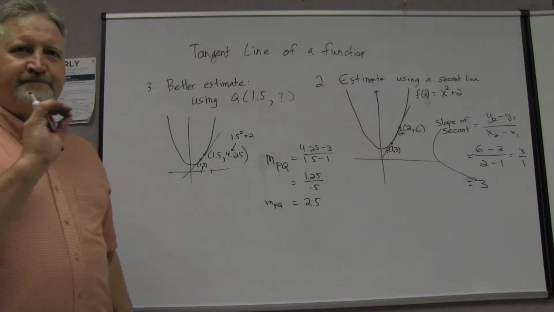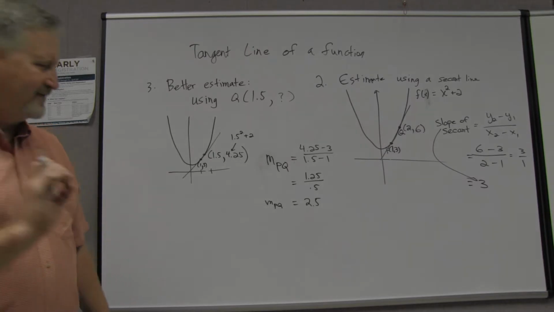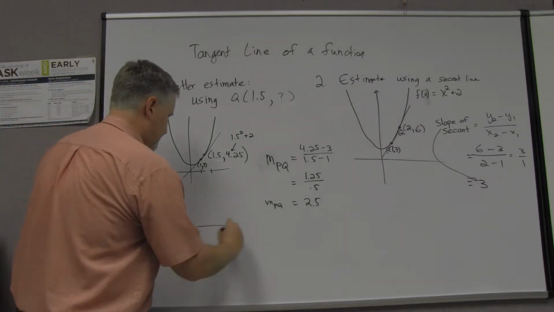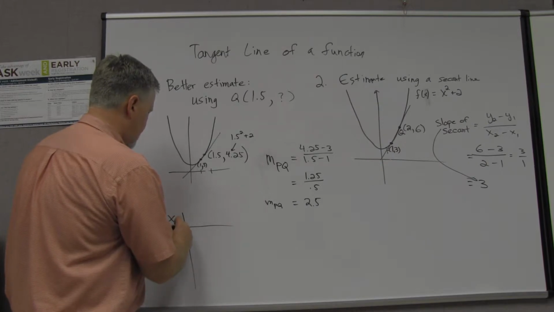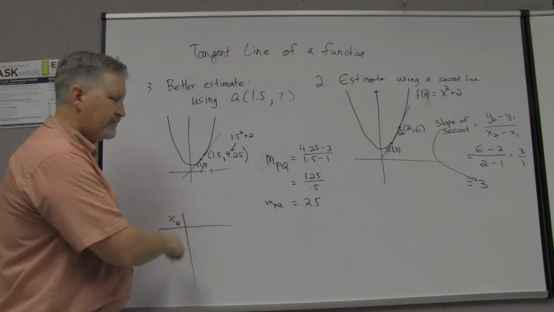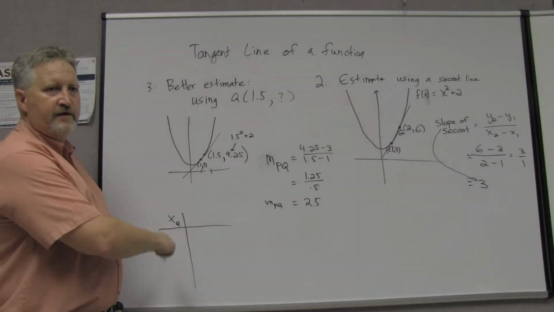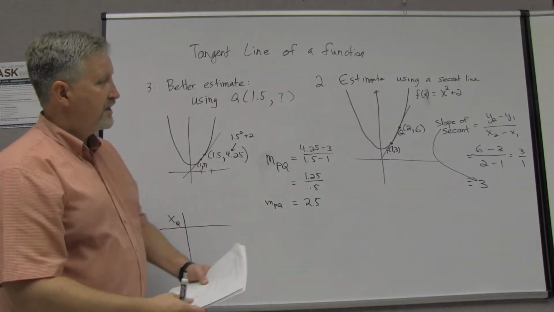Okay, so here's sort of a hint as to what we're going to do with this. If I put these two results in a table here, the x value I'm looking at on my table is the x value of the Q. So that's what I was changing.